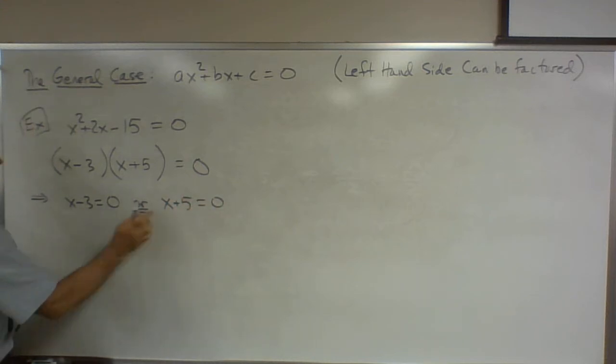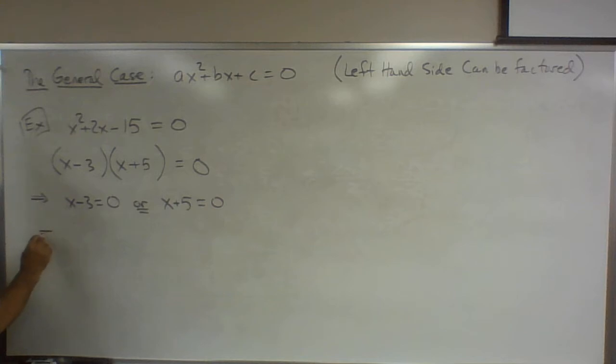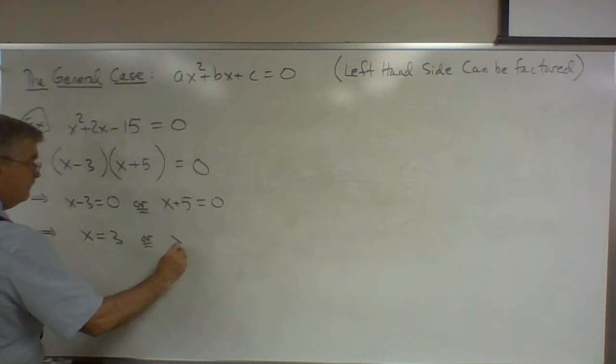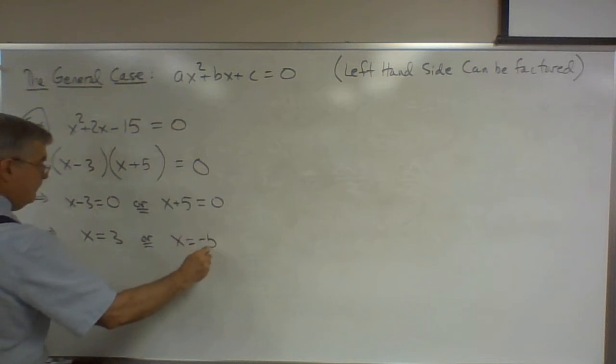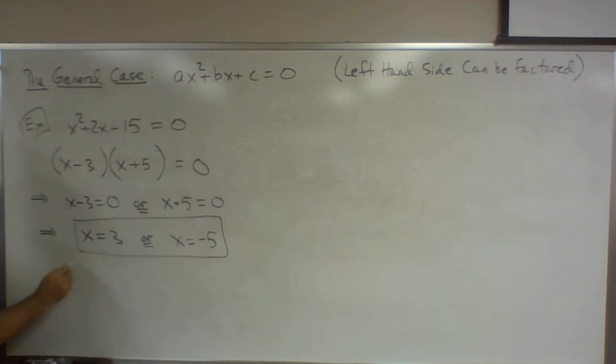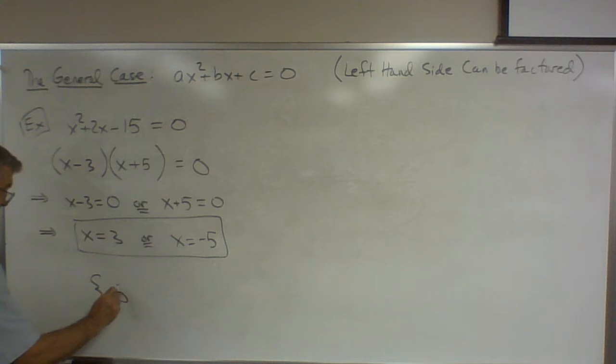And we solve both of these equations for x. Move the 3 to the right. Here, move the 5 to the right. And these are our two solutions. Our solution set will look like x equal negative 5 and x equal 3.